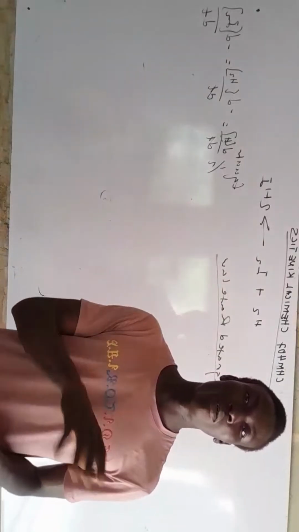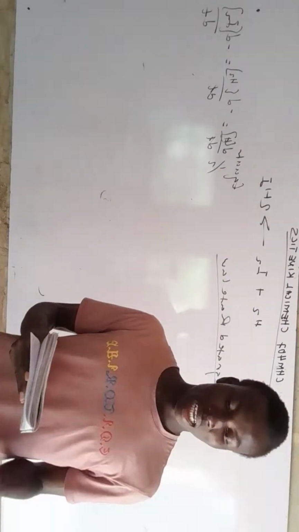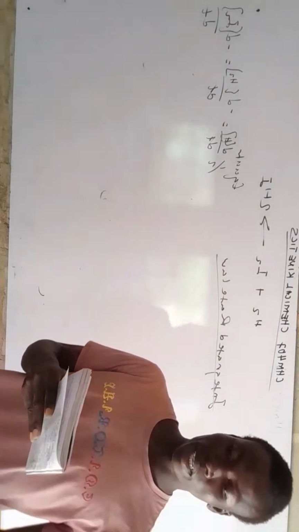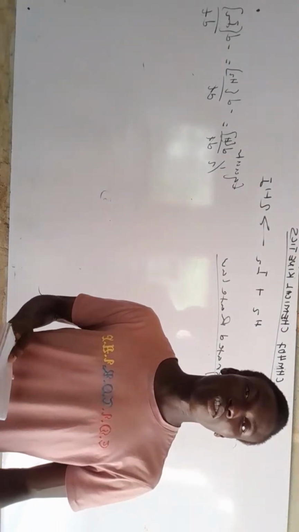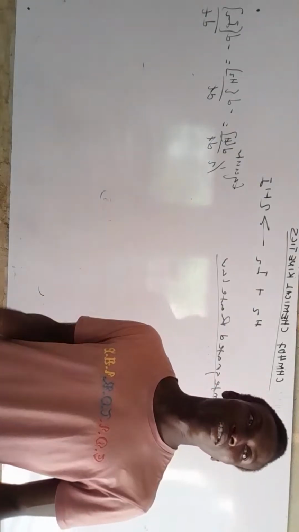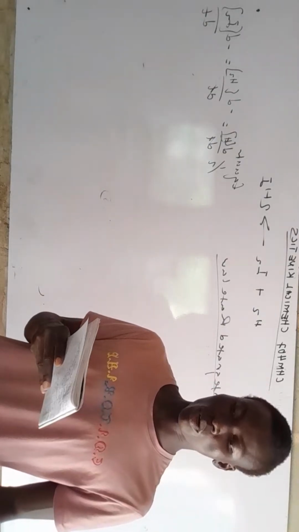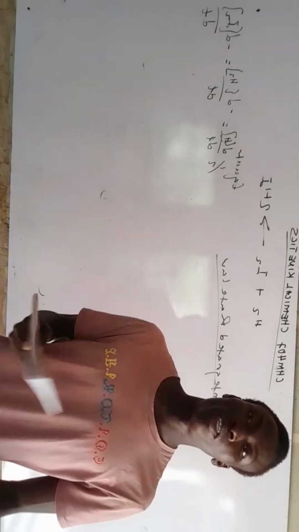When we say zero order reaction, what do we mean? It is characterized by non-dependence on concentration. Such a rate of reaction does not depend on the concentration of the reactant.